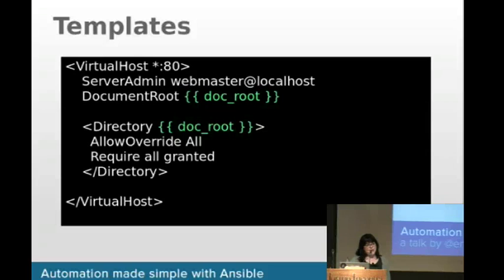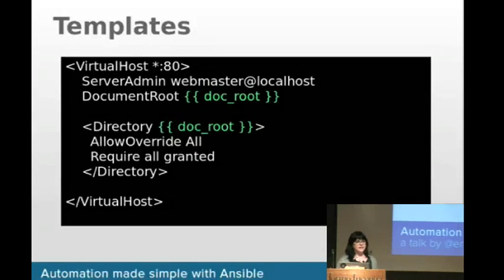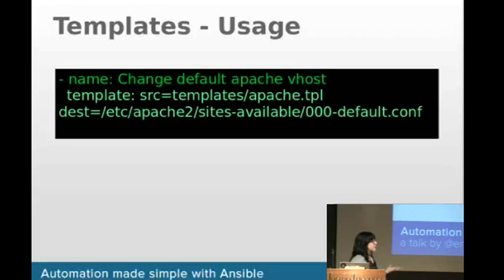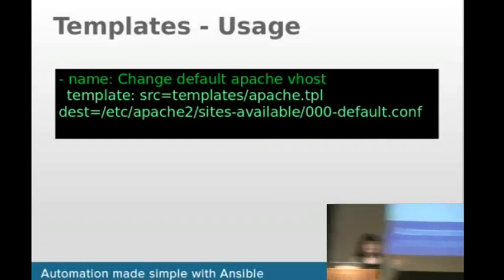Templates are also very important because they make it easy to set up services. Basically, the most important usage is for configuration files. Like this is an Apache vhost. Then you can create a template and use a variable here that you define in the playbook, like I showed before in the var section, and then it makes it very easy to configure and create new Apache vhosts.